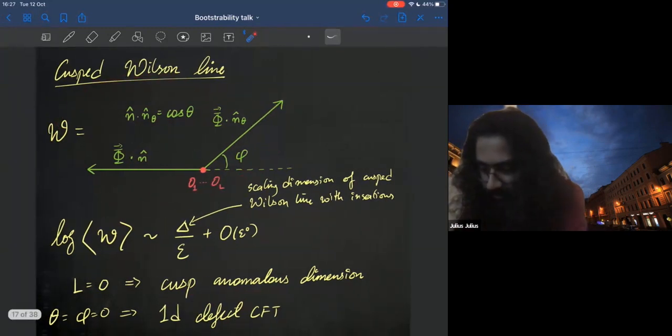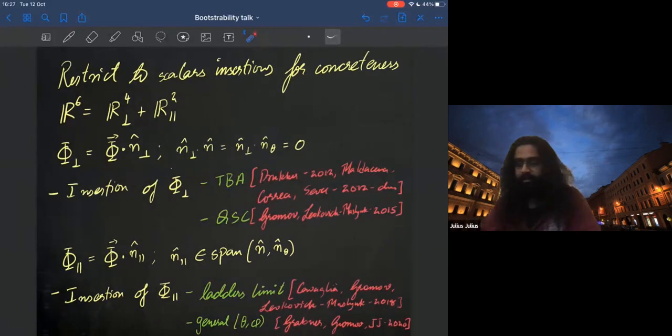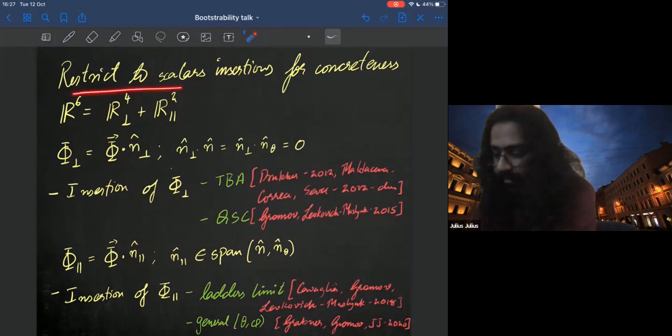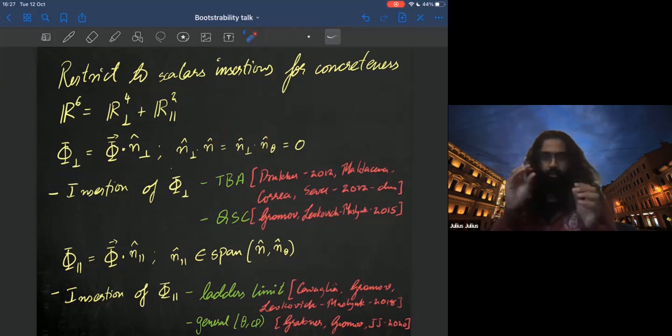All right, so let me give you a small survey of the results. Let's restrict to scalar insertions at the cusp for concreteness. We can have two types of scalar insertions. The first type would be scalars which are orthogonal to the scalars that couple to the line. As I mentioned, these two directions are the directions of scalars coupled to the line.